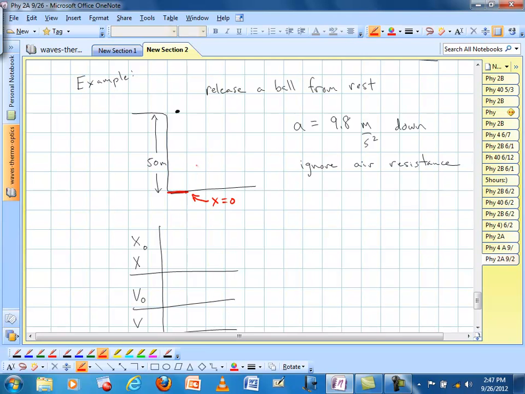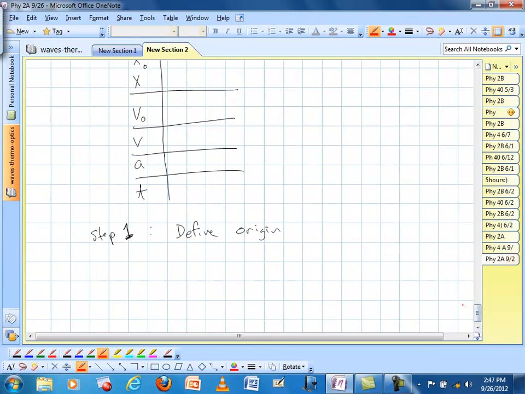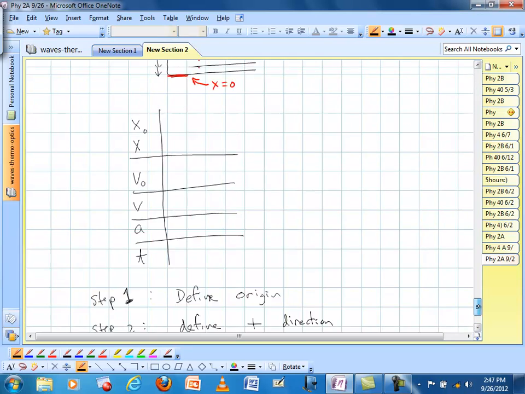And as I said, most students like up as positive. I'll make up positive, because that's the second step, is define the positive direction, or directions when we have 2-dimensional problems. So define the origin and define the positive direction.